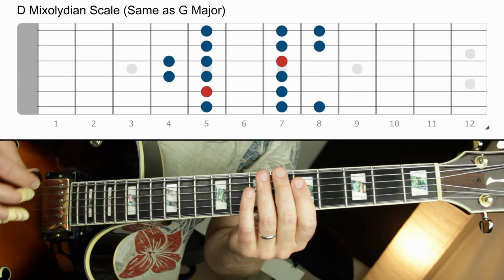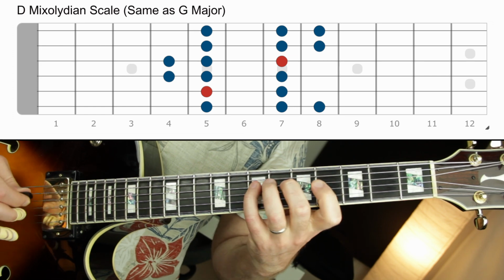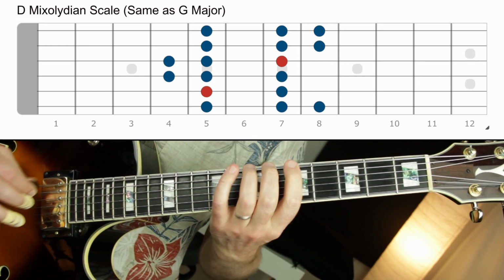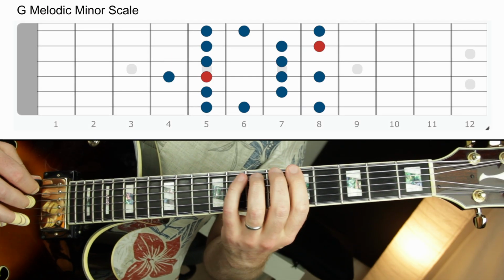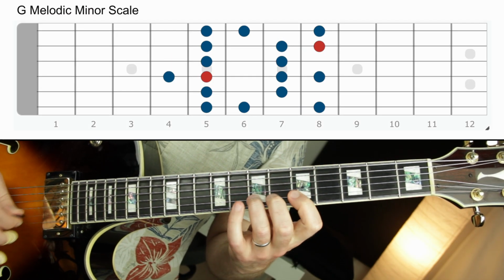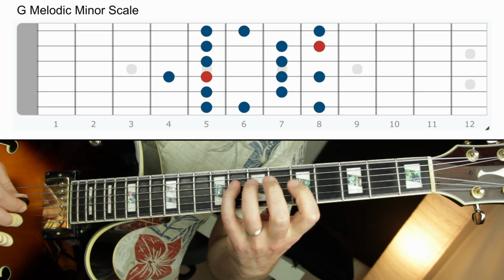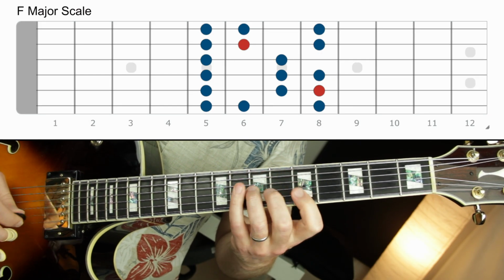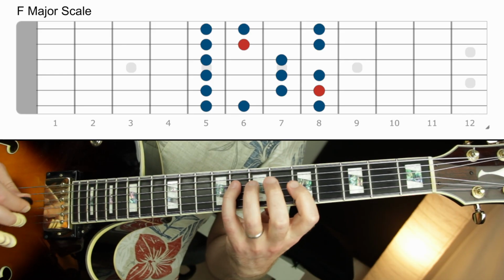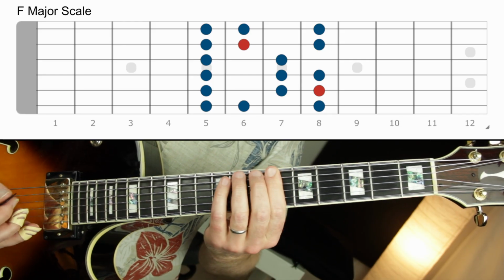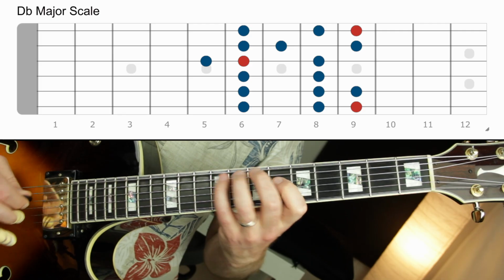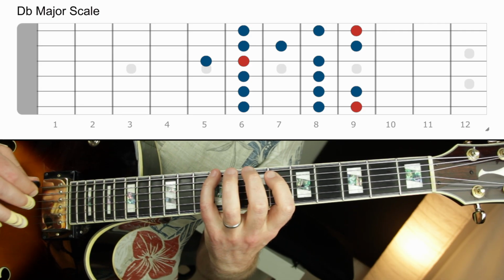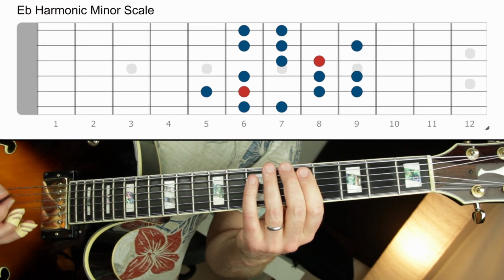That's the same as G major. Next is G melodic minor. Next is F major. Two more. Next is D flat major. And lastly, E flat harmonic minor.